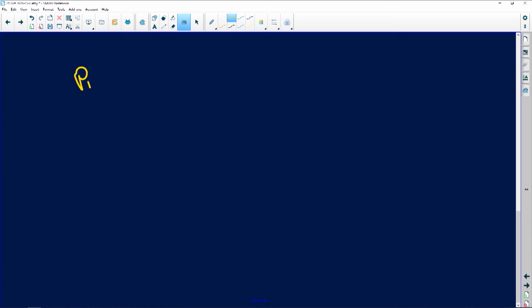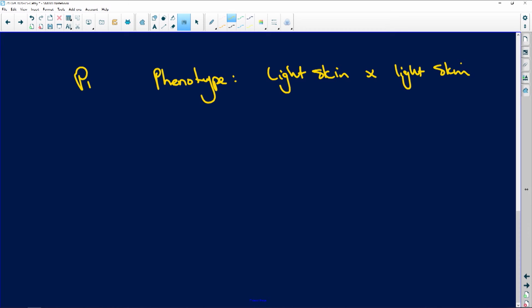Let's do phenotype first: light skin times light skin. For the genotype, you're not going to have to do all of this, I'm just showing you how. They are light skin, but we know they're heterozygous because they had a child that was homozygous recessive.